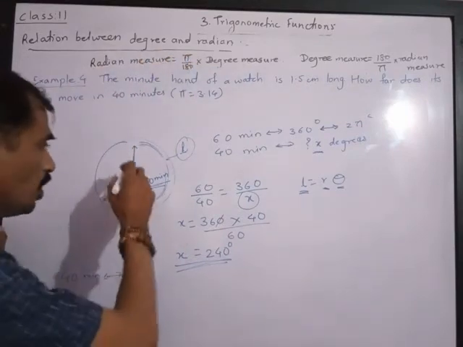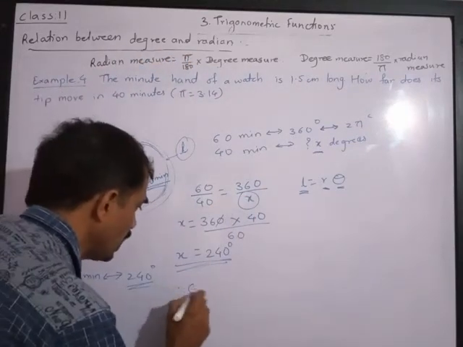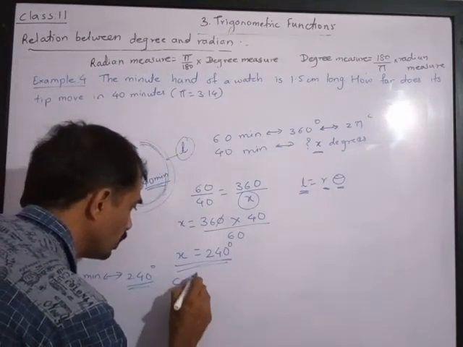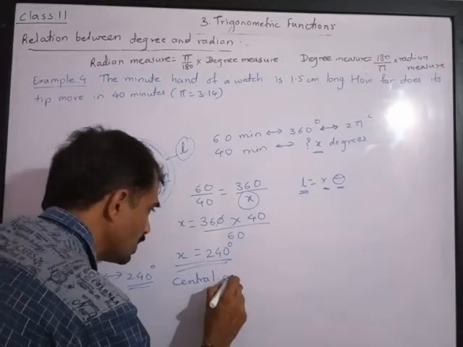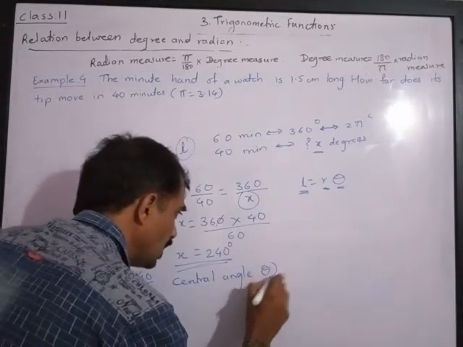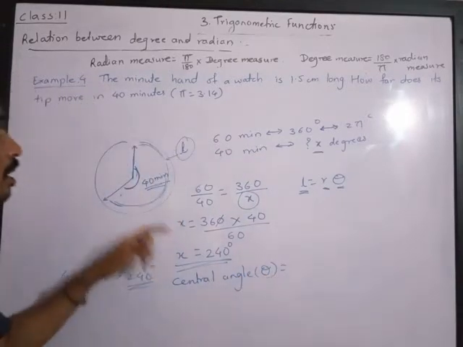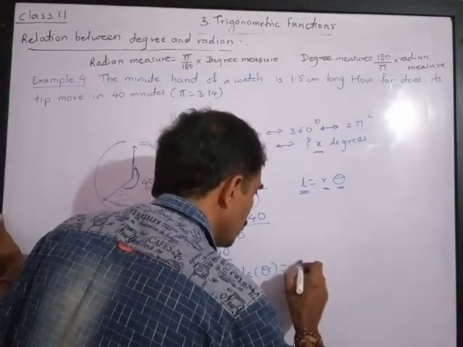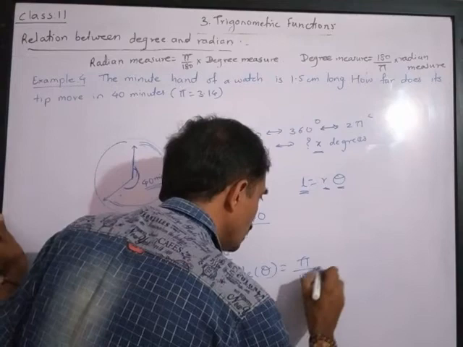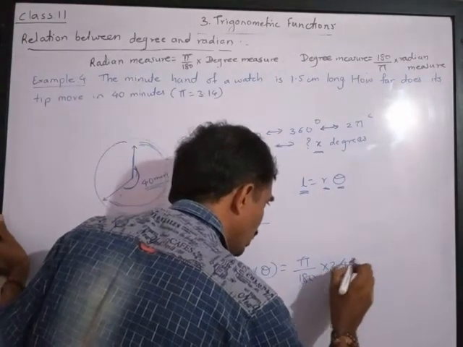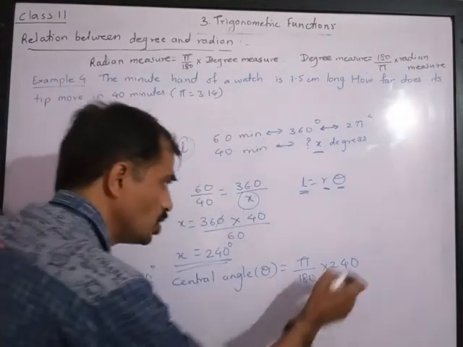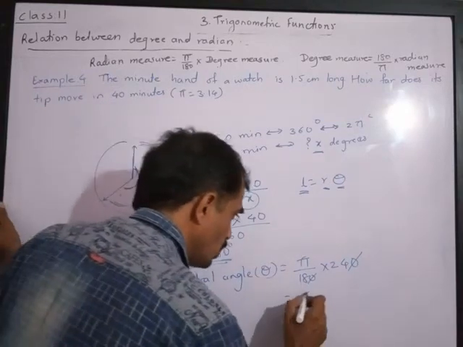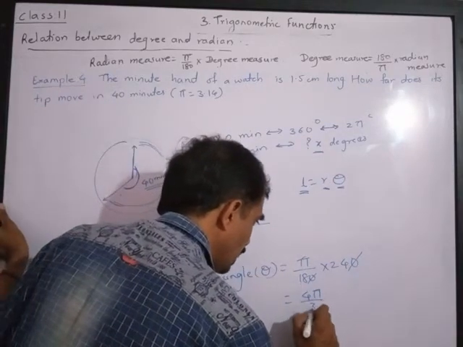Therefore theta, the central angle in radians, is equal to pi upon 180 multiplied by 240. Now understand, 0 is reducible, 6 3s are 18, 6 4s are 24, so this will be 4 pi upon 3 radians.